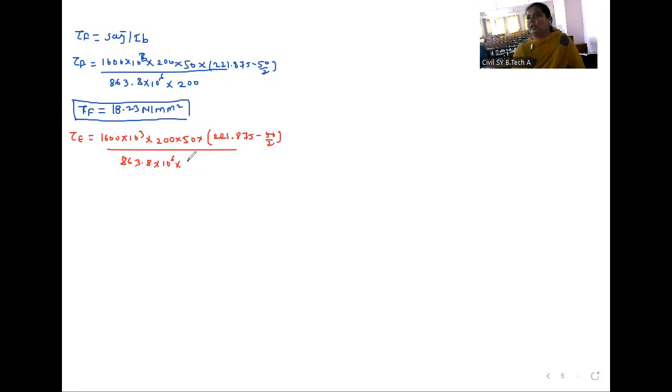Instead of this 200, width will be 50. So tau E, which is equal to, yes, 72.92 Newton per mm square.